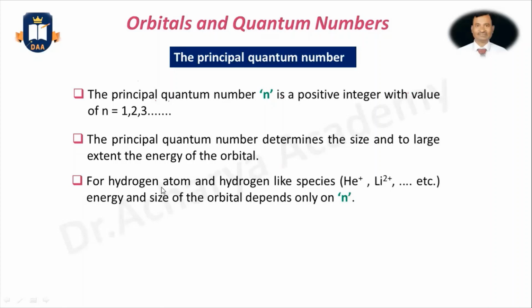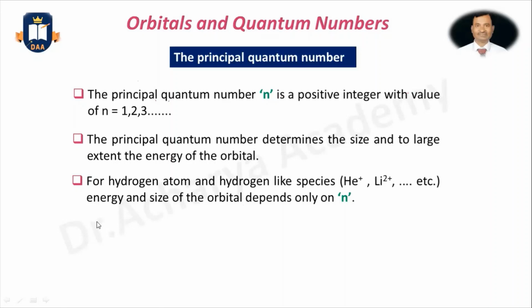For example, the hydrogen atom has a single electron, and hydrogen-like species, that means helium with a single positive charge, lithium with a double positive charge, etc., all have a single electron only.